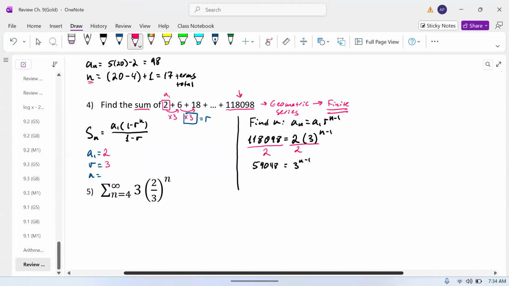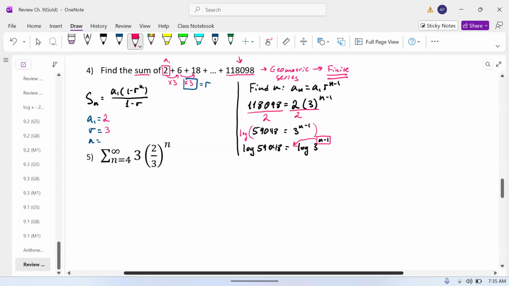Now from here, one of the ways we can continue is to take the log of both sides. So we'll have logarithm of 59,048 equals logarithm of 3 to the power n minus 1. Remember, the whole point of taking the logarithm is so we can use the power property and bring this power down. So then we'll end up with log of 59,048 equals n minus 1 times logarithm of 3.